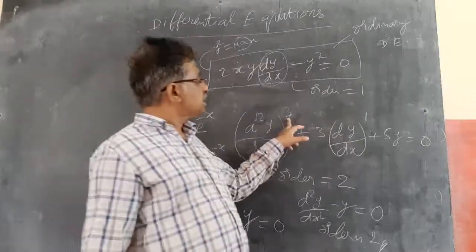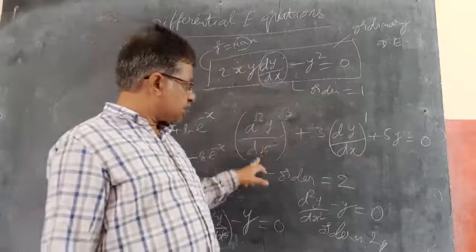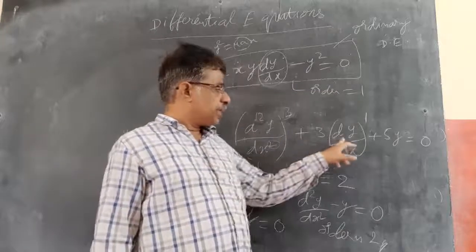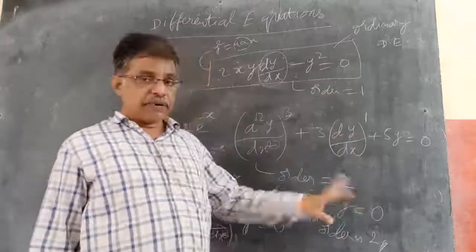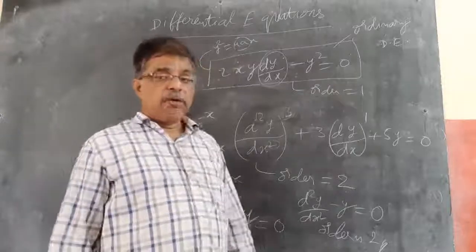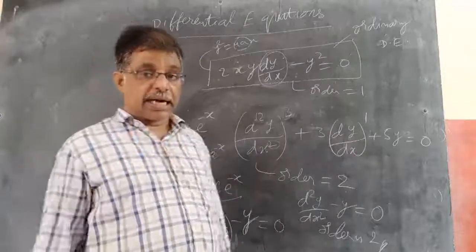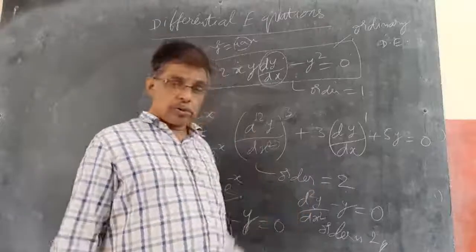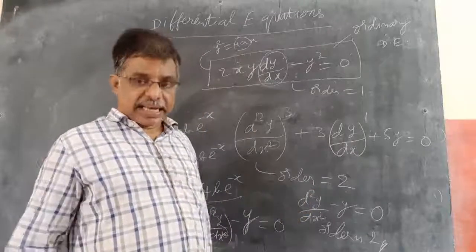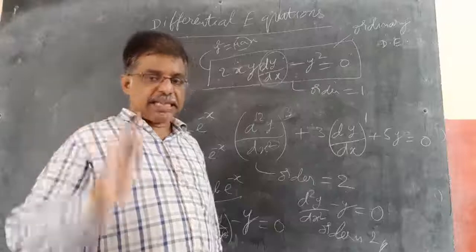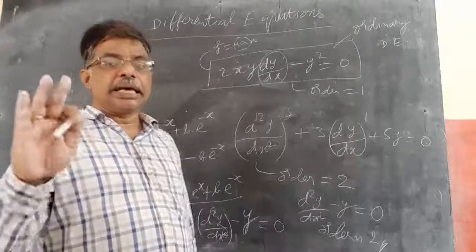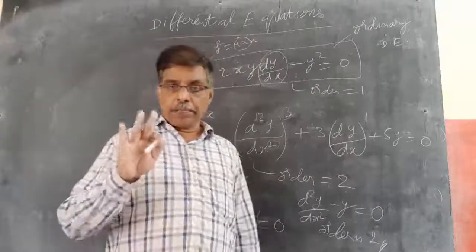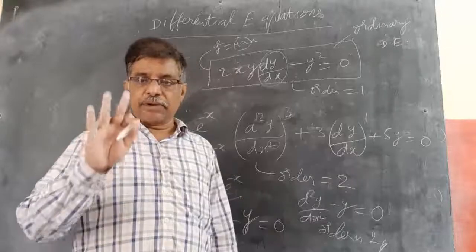Now, suppose I say d square y by dx square whole cube plus 3 into dy by dx plus 5y equal to 1. First we will decide the order. Order means the highest derivative. So the highest derivative here is 2, that is the order. Now, degree is the highest power of the highest derivative, provided you can write it in the form of a polynomial.